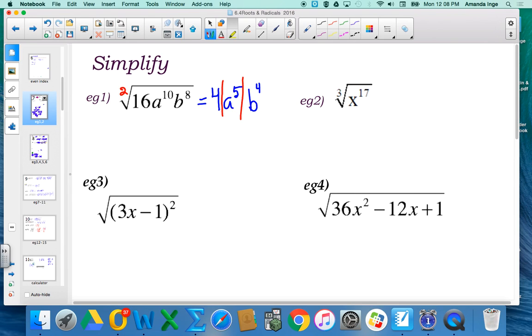All right. Well, nobody's asked when the index doesn't go evenly into the number. All right, so we've got 3 into 17. Well, it goes 5 times with 2 left over. And this is why I call this the outside exponent.